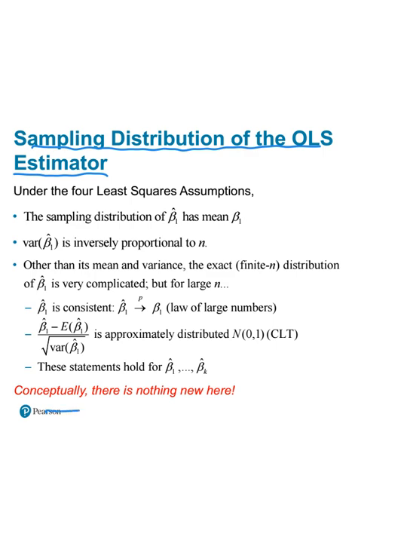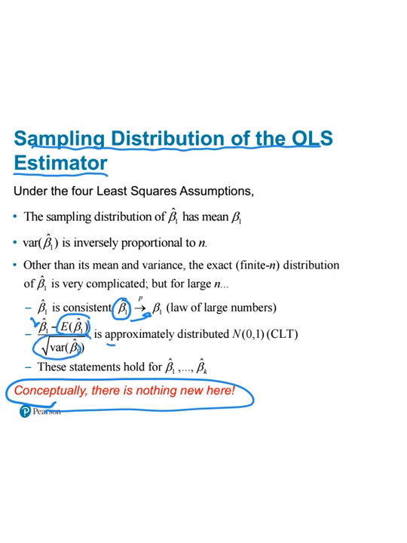So conceptually, a lot of the things that are above here are not going to change since what we saw in chapter 4, which is very convenient for us. We still have that our estimate for beta 1, so beta 1 hat, does indeed approach beta 1 in probability. This is assuming we have no violations at all for any of our assumptions. And then we have that beta 1 hat minus the expected value divided by the standard deviation is going to be approximately distributed according to the standard normal distribution, according to the central limit theorem.